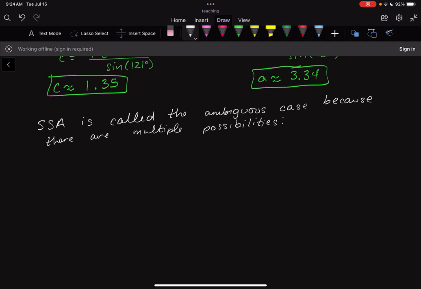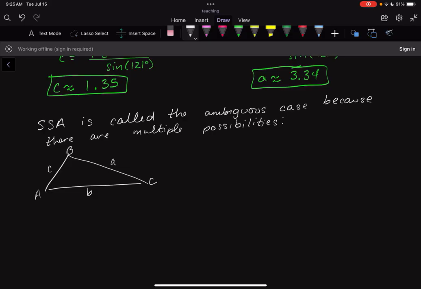So with this case, let's say I put A here, B here, C here, A, B, and C.